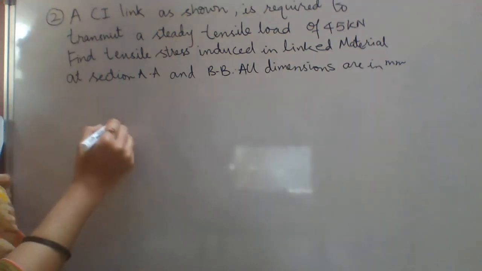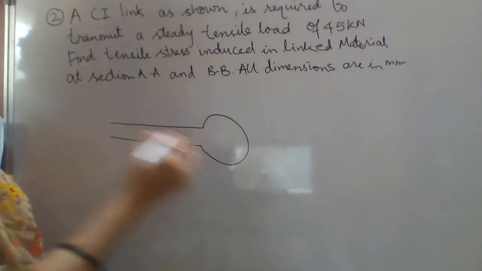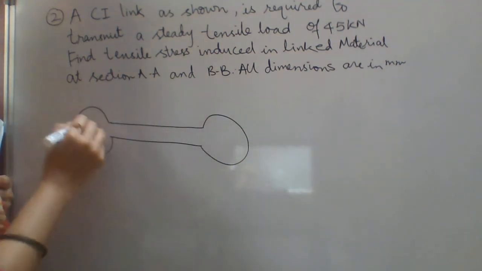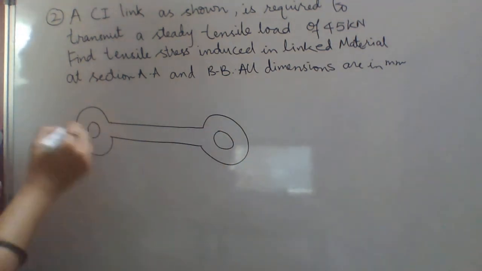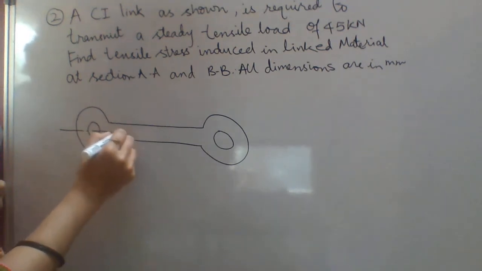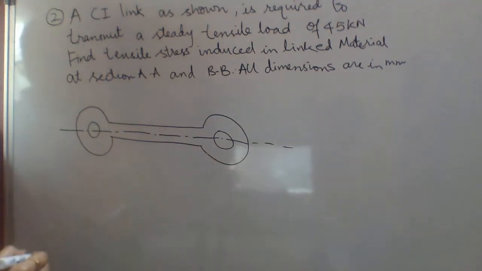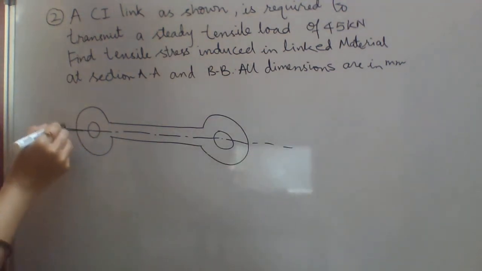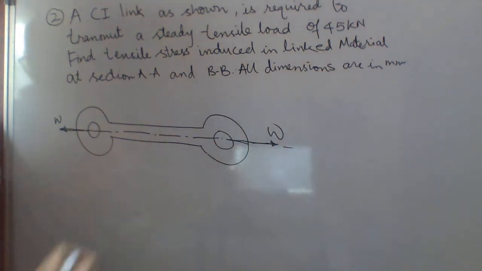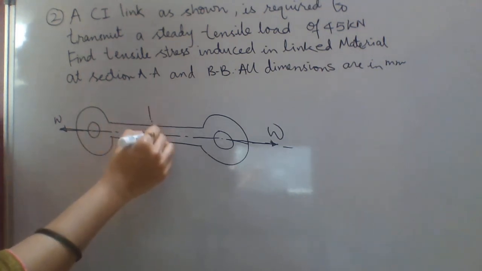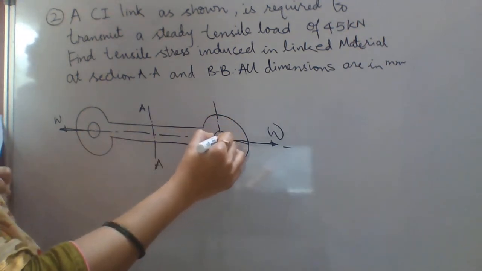Now the diagram of the link is given like this. The section AA is here and section BB is here.